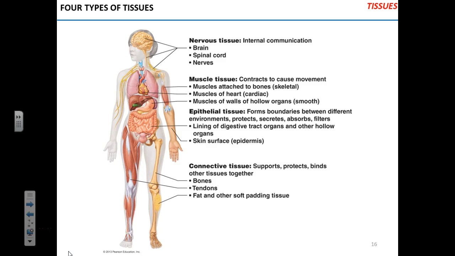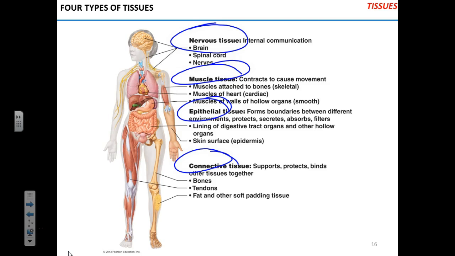So, there are 4 types of tissues, period. Okay? That's very important. 4 types of tissues. Nervous, muscle, epithelial, and connective. And I expect you to know all these 4 types.